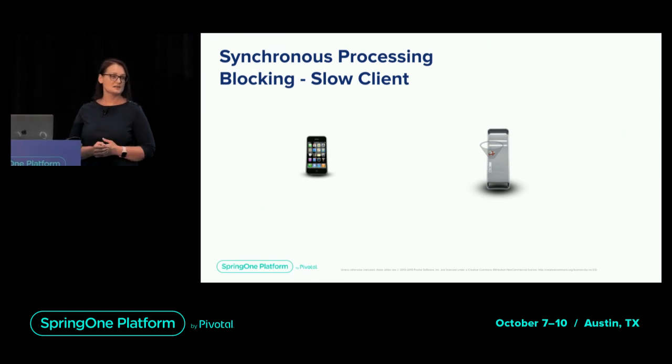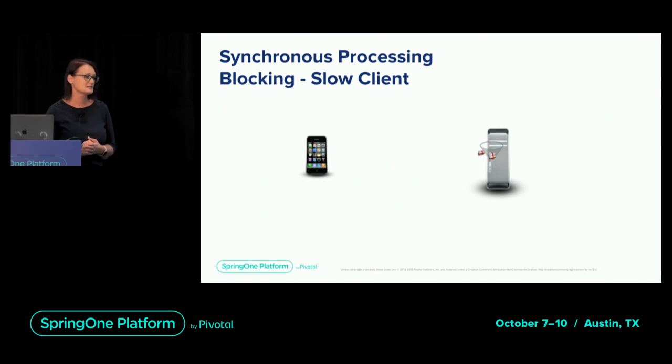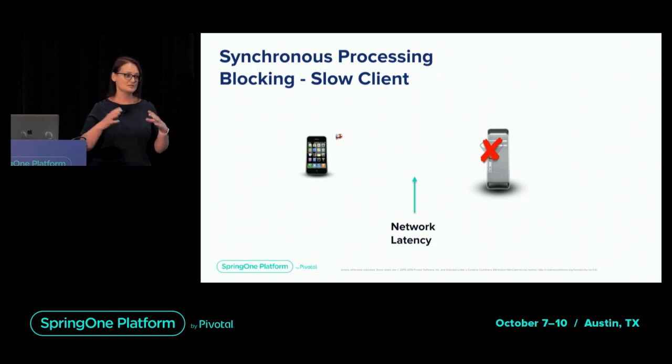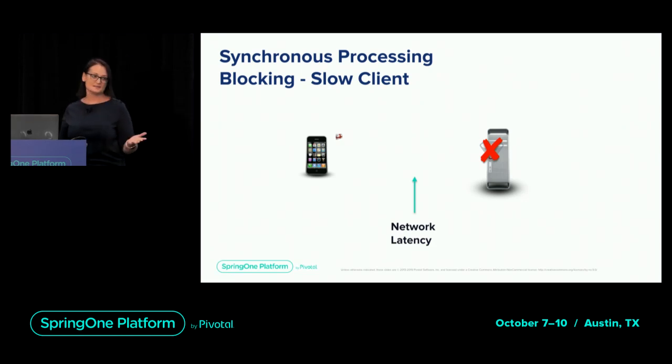And once we are ready to return the response, if our client is a slow client, we will block that thread and wait for this client to consume the whole response. Again, at some point of time, we will fill that pool, and again, we will not be able to respond anymore to the incoming requests.